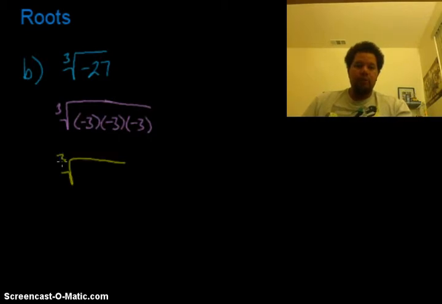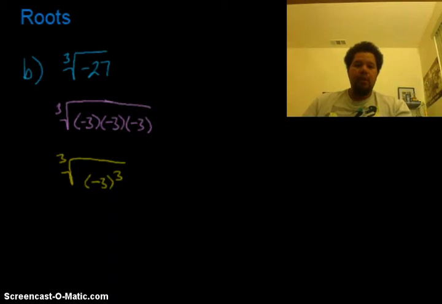Unlike the square root, with the cube root you are able to find the cube root of a negative number. For instance, we can have the cube root of negative 27. If I multiplied this out, this is negative 3 times negative 3 times negative 3. Or in other words, we have the cube root of negative 3 cubed.